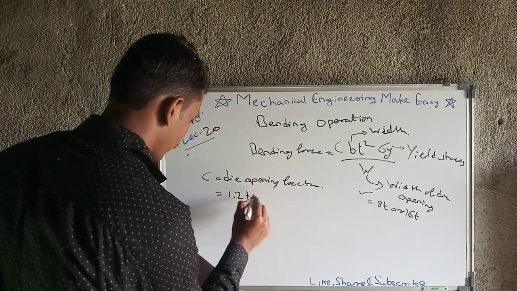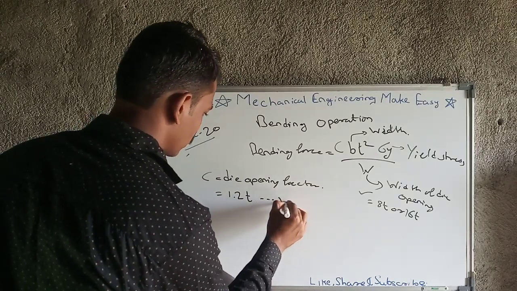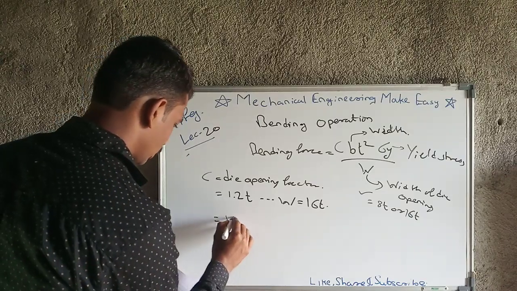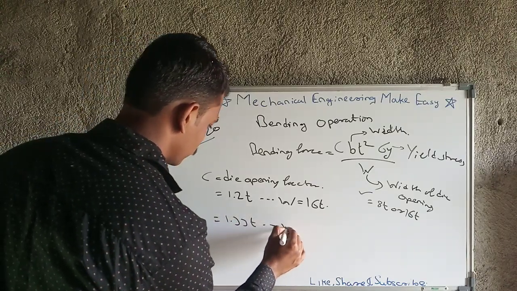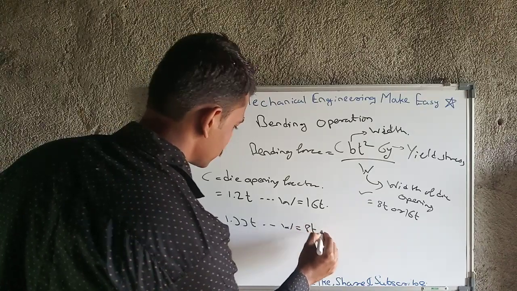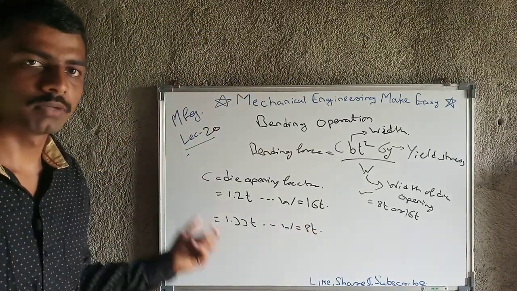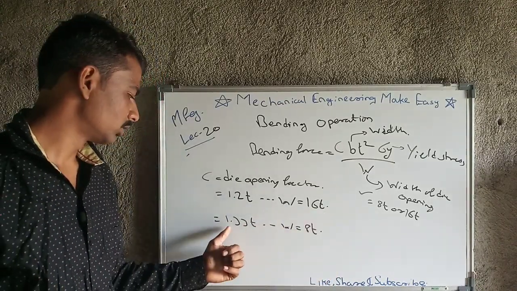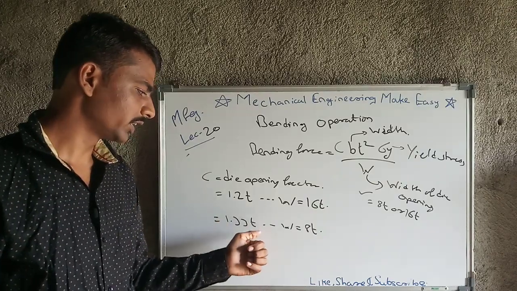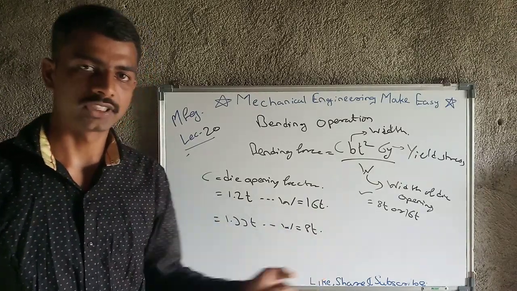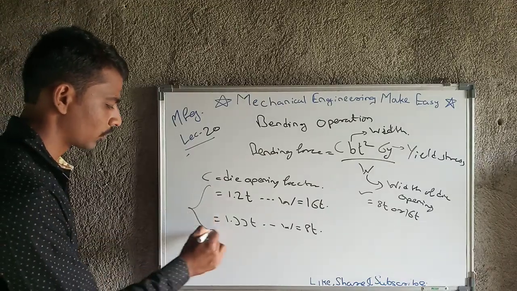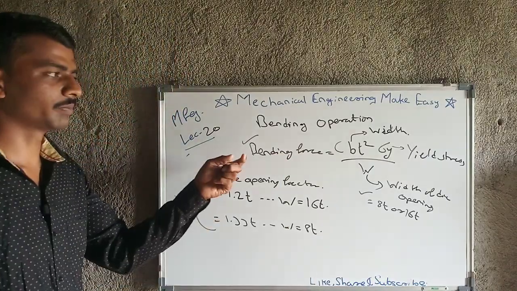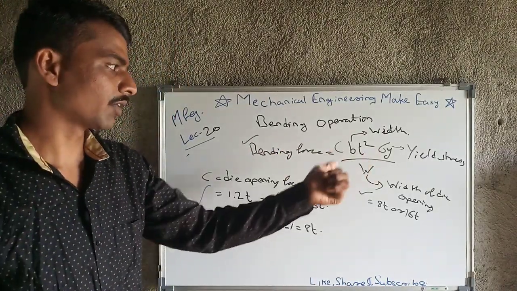C is 1.2 times thickness if W is 16 times T, and C is 1.33 times thickness if W is 8 times T. This is a standard formula, so note it down. This formula is very important: bending force equals C B T square sigma y upon W.